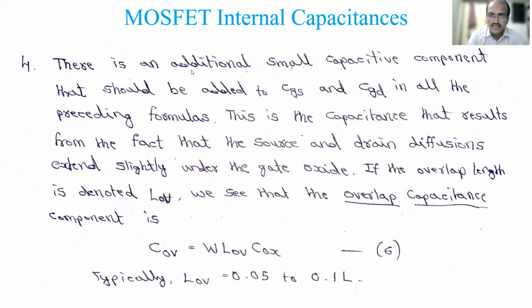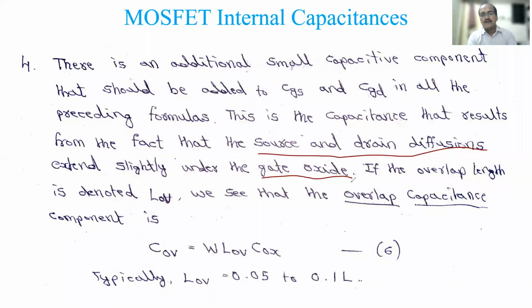There is an additional small capacitive component that should be added to this CGS and CGD in all the preceding formulas. So you need to add these small capacitive components. This is the capacitance that results from the fact that the source and drain diffusions extend slightly under the gate oxide. We could not say it is fixed, right?